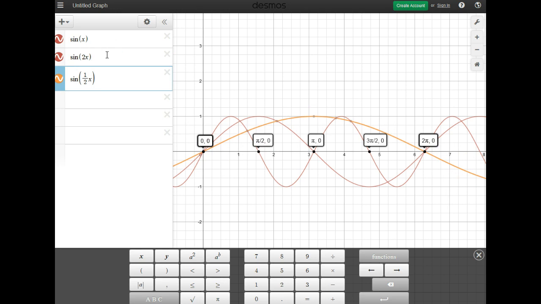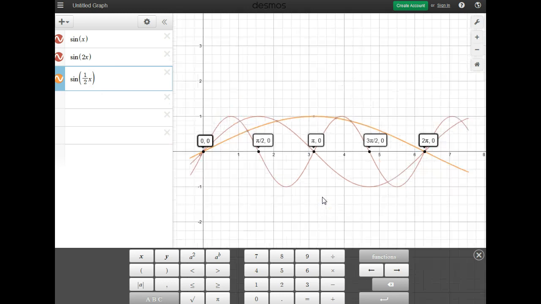Now this is something that with transformations you'll see in pre-calculus, but if the number in here is between 0 and 1, it's called a horizontal stretch, and if the number is greater than 1, it shrinks the graph horizontally. That's not something that you have to memorize, and I'm going to show you how to find the period.